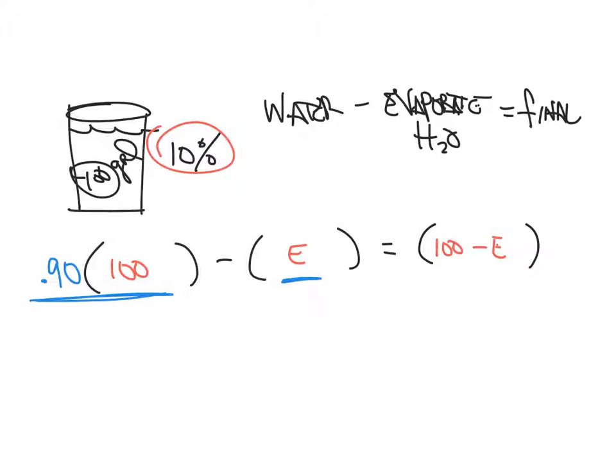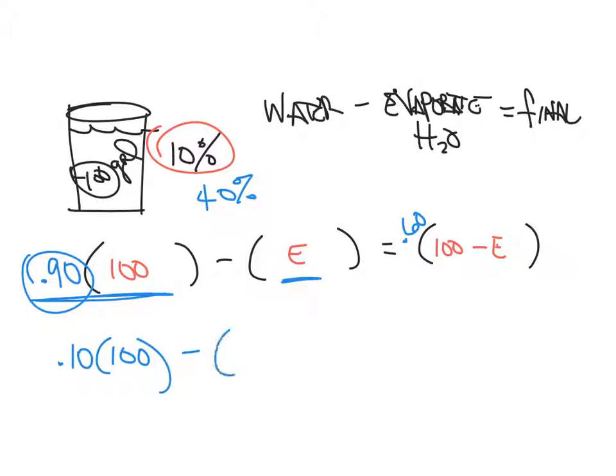We want a 40% brine solution, but since we were dealing with water here, we're going to have to deal with water here. We could have written this as a 10% salt solution. Maybe that's what we should do. Minus the amount we evaporated equals a 40% salt solution. Let's just go ahead and do it that way. That might be easier. You can do it either way. It doesn't really matter. But let's stick with salt.